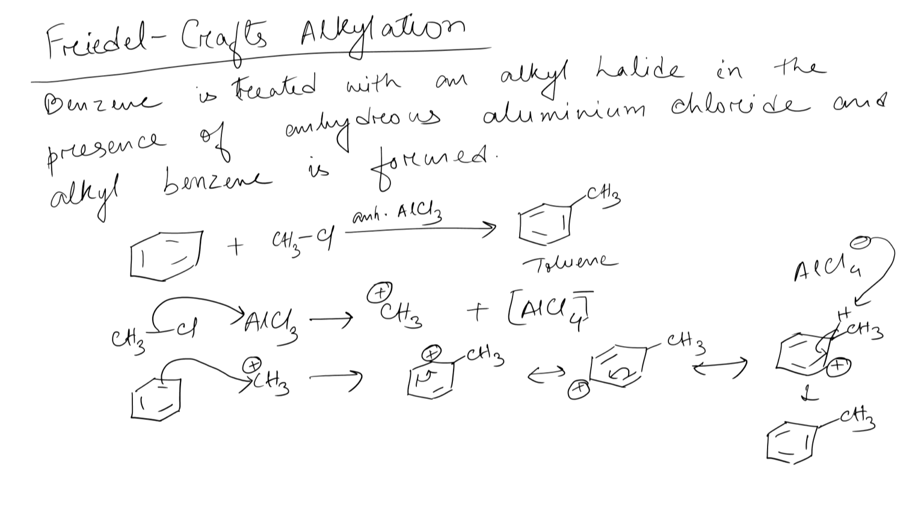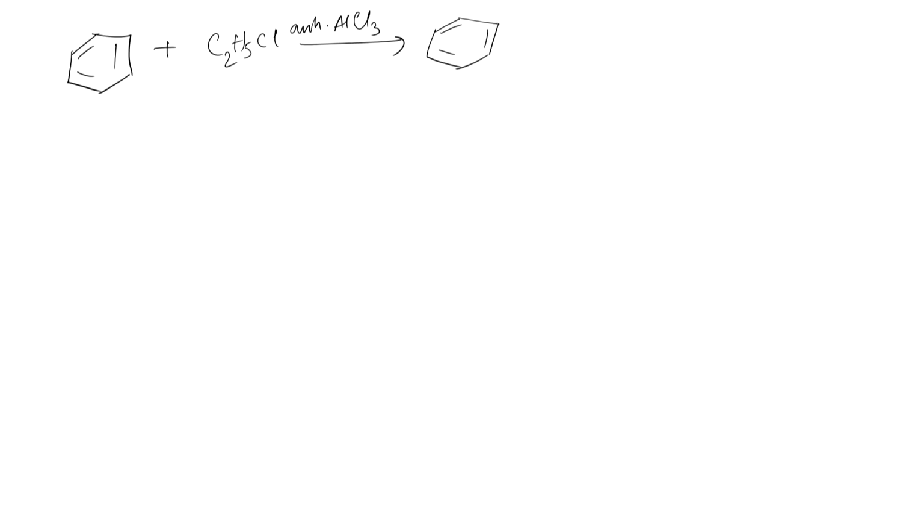So, if we add ethyl chloride to benzene in the presence of anhydrous aluminium chloride, we will get ethyl benzene.